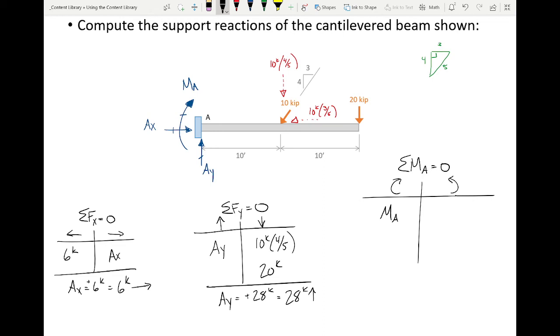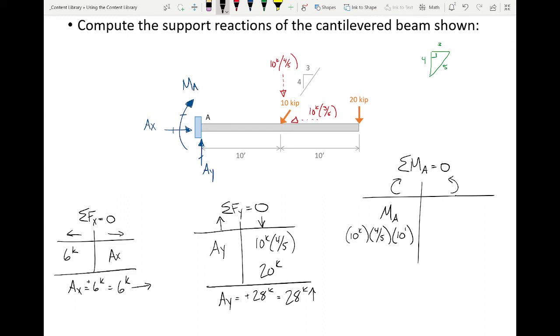And what's the moment arm? 10 feet. So I have 10 kips times 4 fifths times 10 feet. What about the 20 kips? Do I consider that? Yes. Left or right? And what's the moment arm? 20 feet.